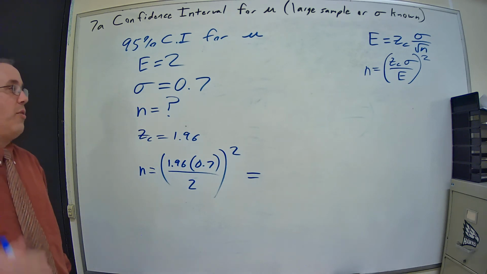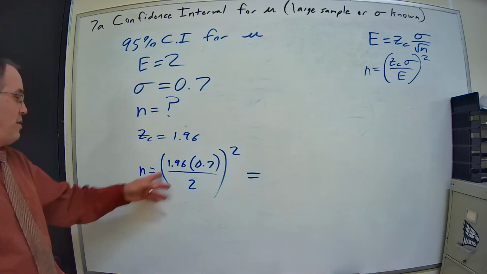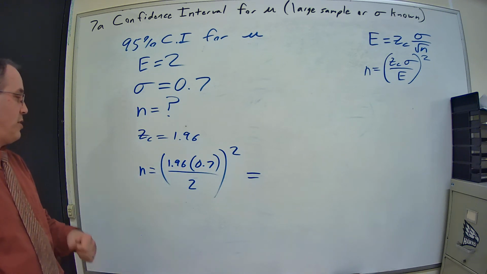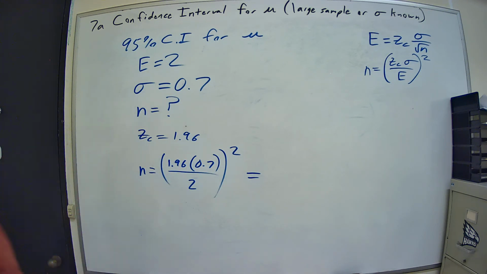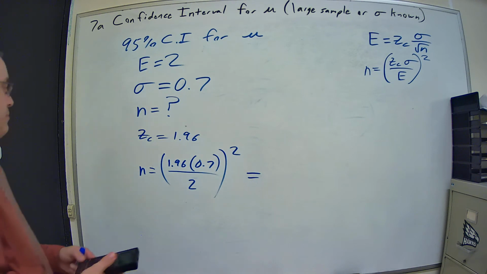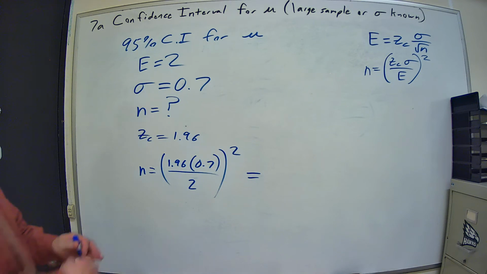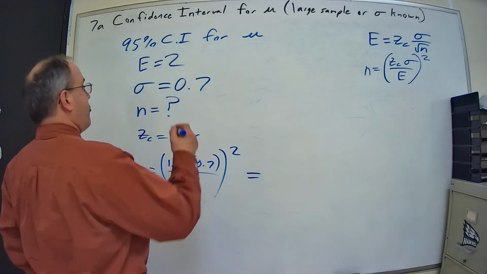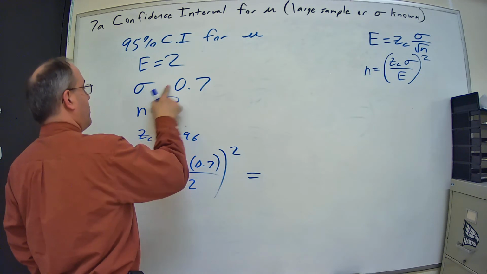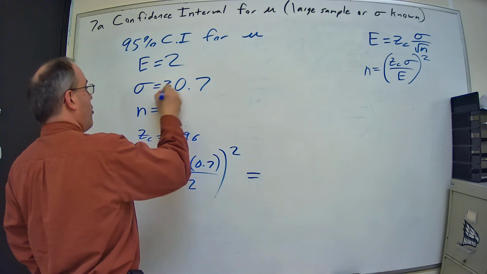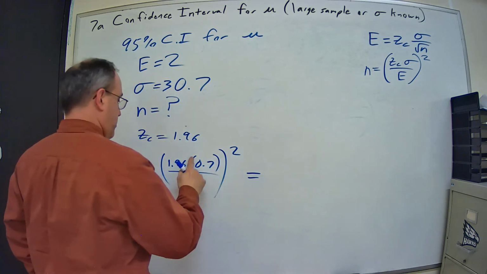Okay, so now that we've got that, let's do this calculation, and this is going to come out really strange. Actually, let me do a modification, and we'll make this standard deviation 30.7.